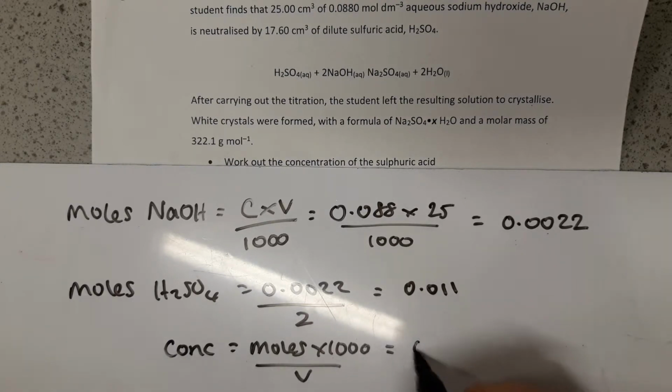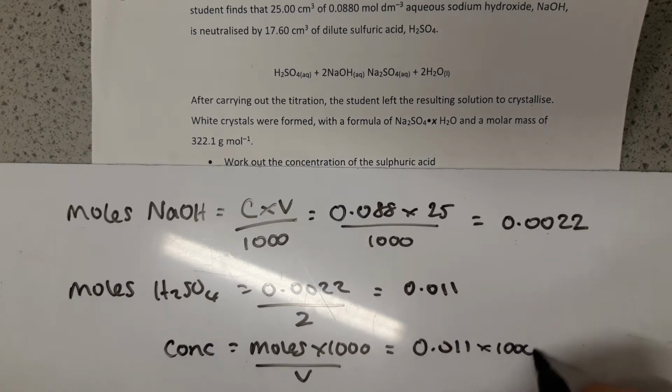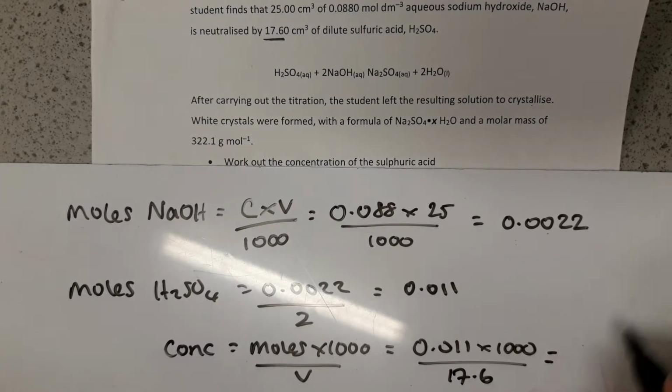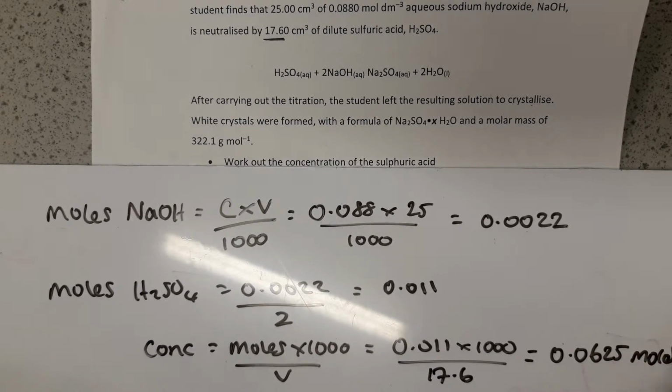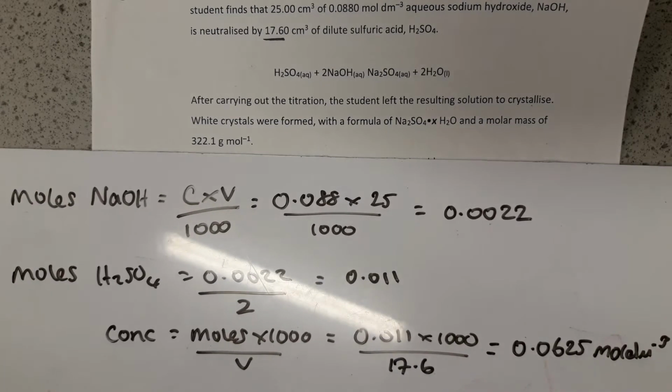Put the numbers in. 0.0011 moles of sulfuric acid times 1,000 divided by the volume of sulfuric acid, which is this number here, your titer value, 17.6, and that will give me then a concentration of 0.0625 moles per decimeter cubed. There we go. So that's the calculation to solve the first part of this question.